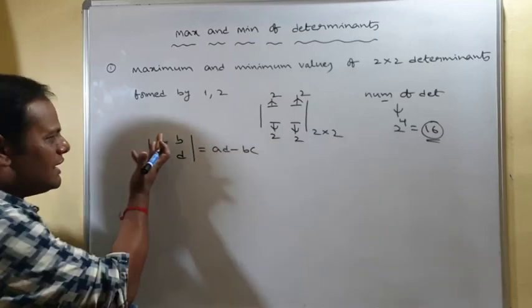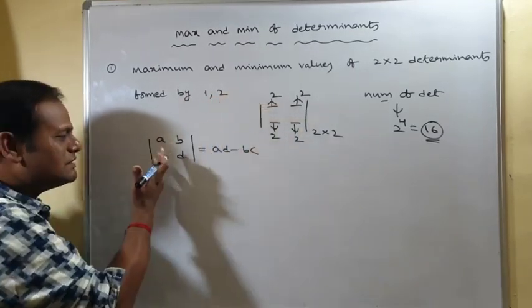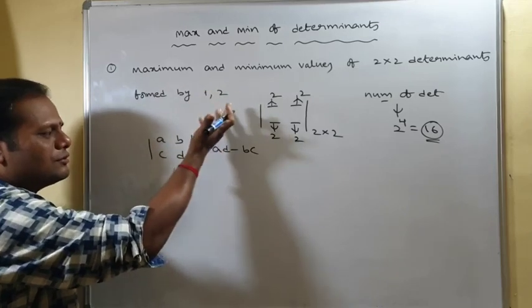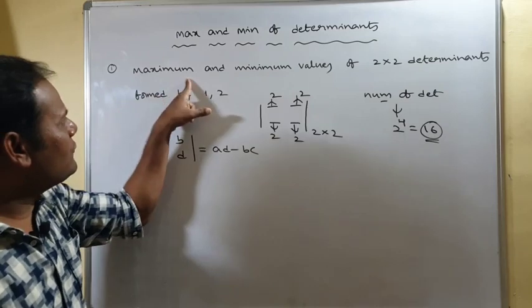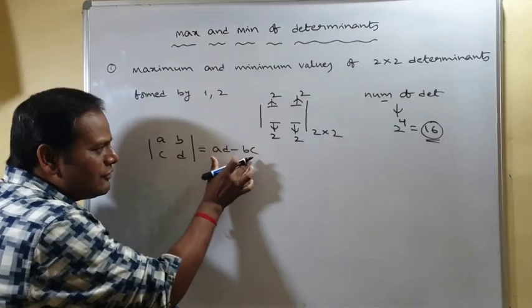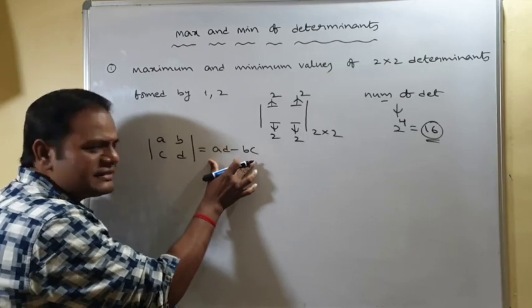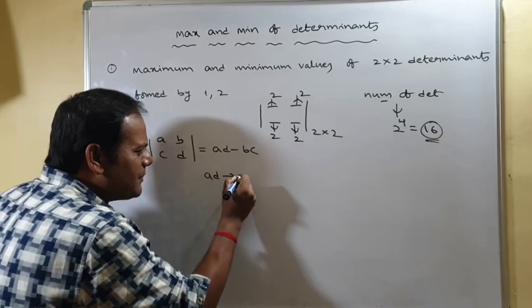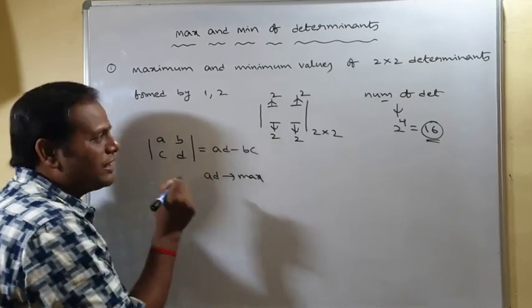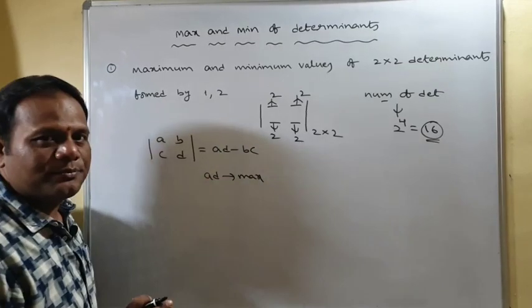So A may be 1 or 2, B may be 1 or 2, C also either 1 or 2, D also the same. What we want is the maximum. When this gives maximum, AD must be maximum. For what numbers is AD maximum?